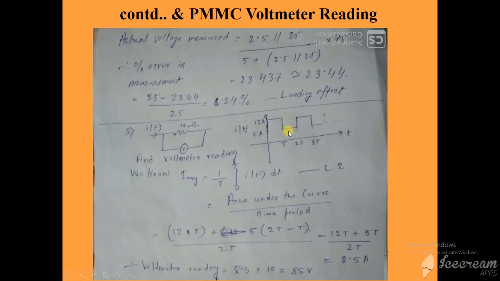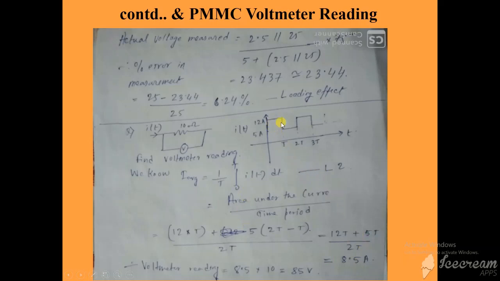Plus this 5, given here: 5 into (2t minus t), divided by the total time from this to this, which is 2t. So we find (12t plus 5t) divided by 2t. Just add, t gets cancelled, and it is 8.5 amp. So 8.5 is the average value.